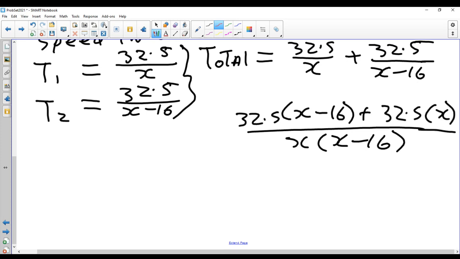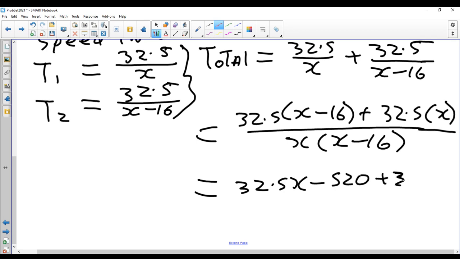So what we're going to do is multiply it out and simplify our like terms like we always do. So that is equal to 32.5x minus, okay, I need some help now. 32.5 times 16 is 520, minus 520, plus 32.5x, over x into x minus 16.